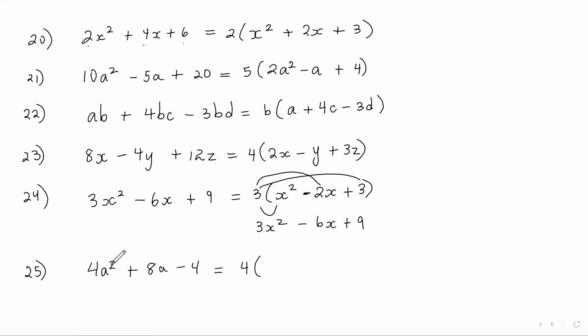A squared. And then 4 times what will give me 8a? 2a, because it's 8a. And then 4 times what will give me minus 4? 1. Yeah.